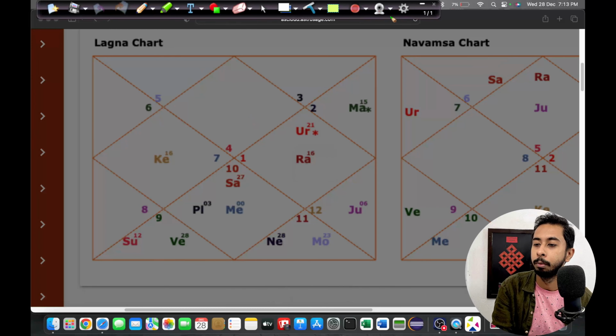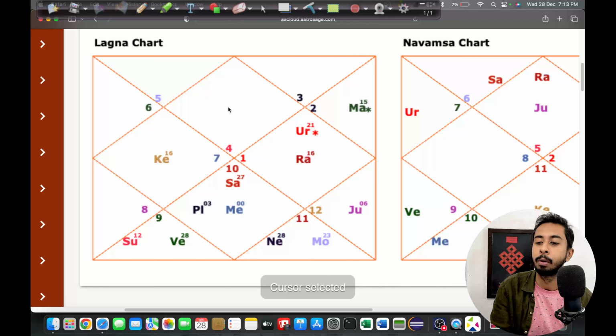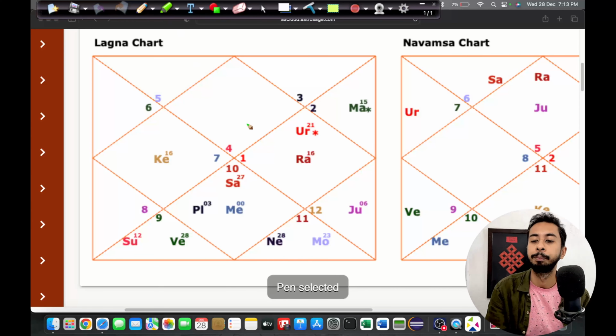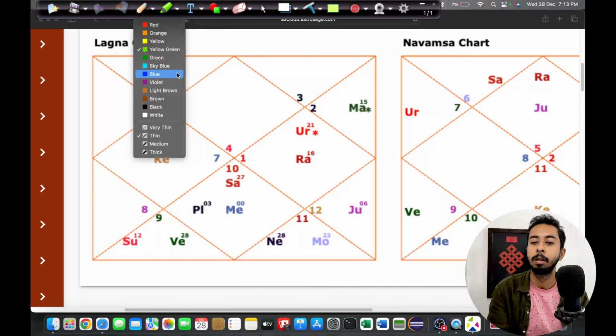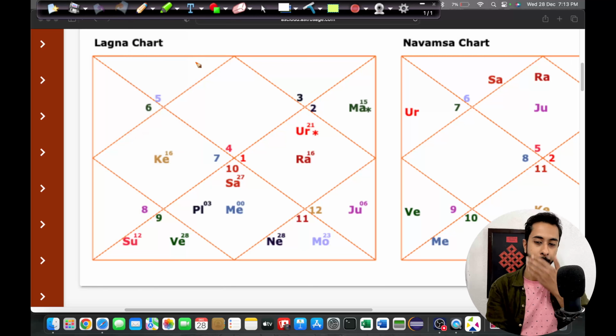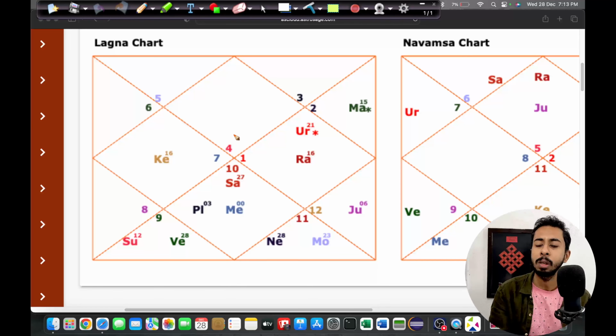Now you see, I'll just change the color. This house number 1 is basically your Lagna, the ascendant. House number 1 means your Lagna or ascendant.